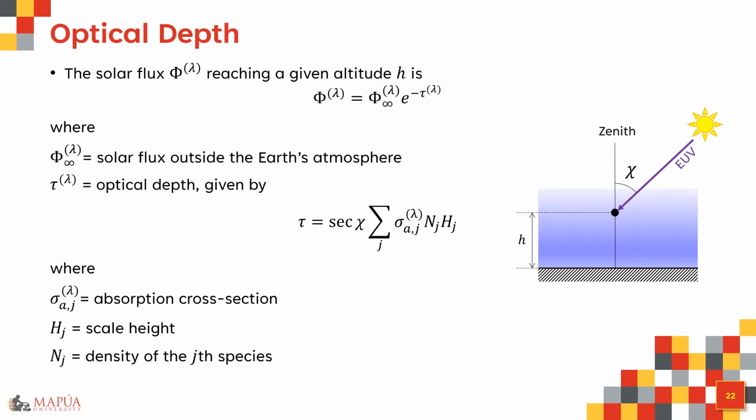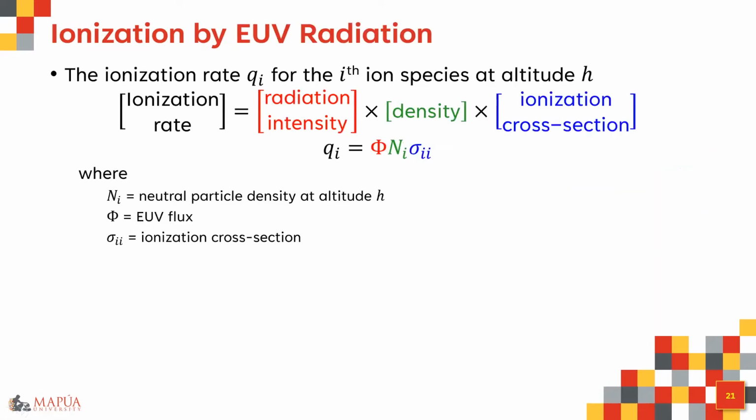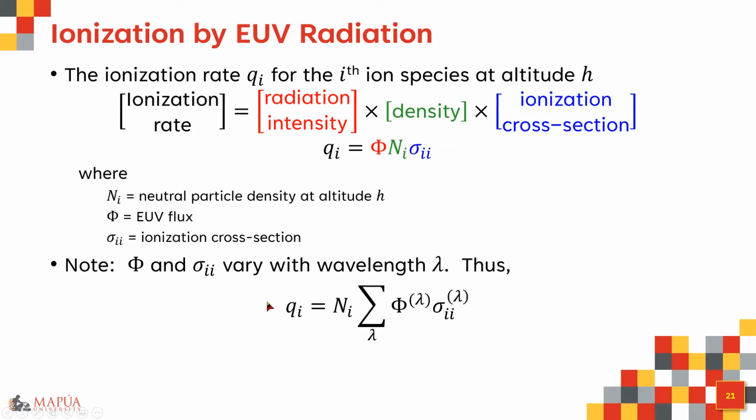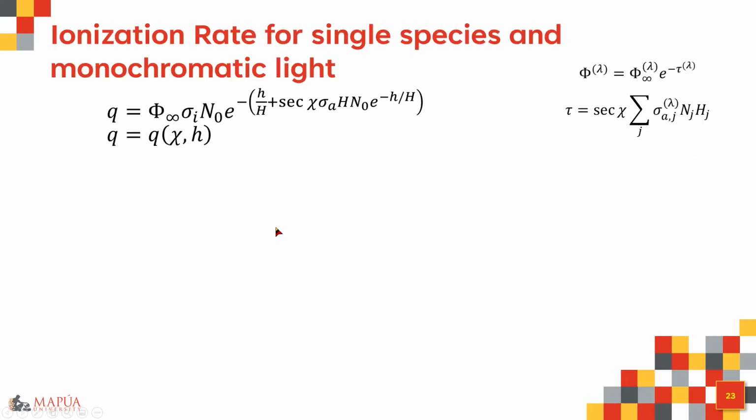Now, if we put this equation into this equation, plus several additional terms, the ionization rate at a certain wavelength for a specific ion species is given by this equation.